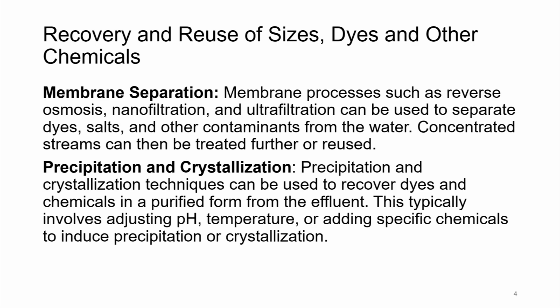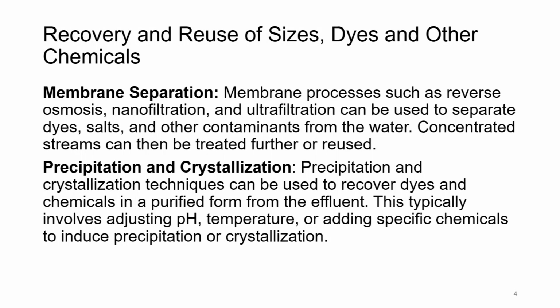So, what it means is that some of these methods which have been used for mitigation of textile effluent are very useful in recovery of the resource, and from the recovery the desired chemical, whether it is dye or any salt, can be recovered and reused.